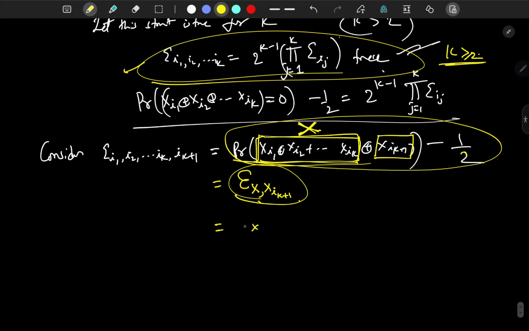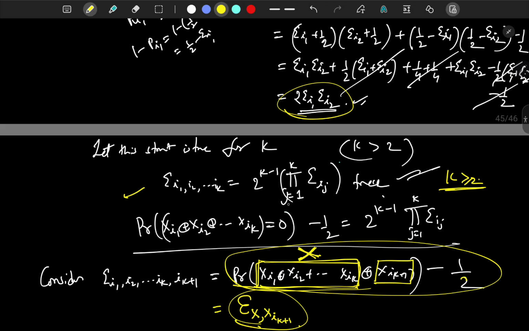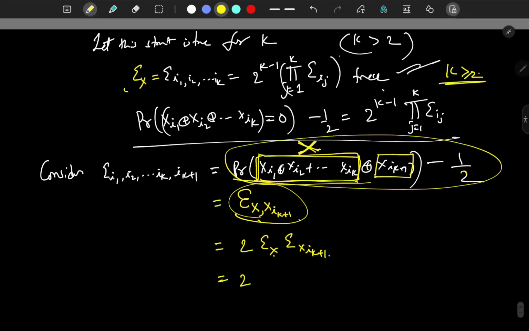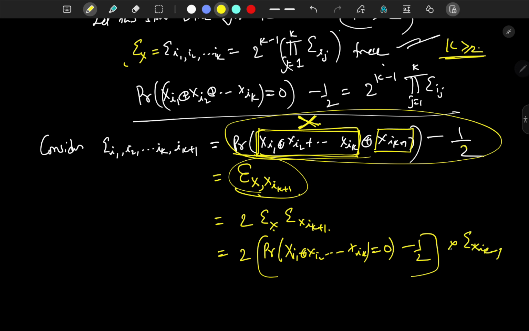So this can be written as the product of epsilon of X and epsilon of X(I(k+1)) separately. Now again, what is epsilon X? Epsilon X is nothing but this only, right? We are saying this value is the true value, so this is called epsilon X. Why so? Epsilon X is nothing but the probability that X(I1) plus X(I2) and so on up to X(Ik) equals 0 minus half, into epsilon of X(I(k+1)).